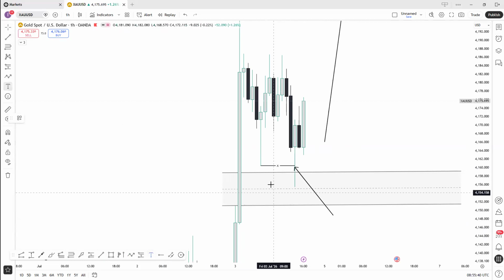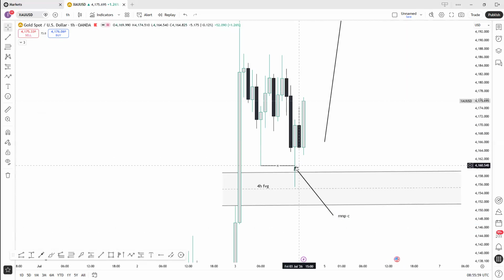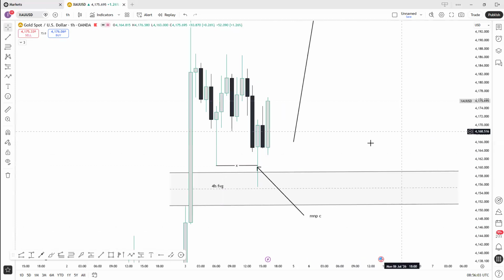After the reaction on that 4H FVG, it printed that manipulation candle, which is a very good indication for a reversal pattern.